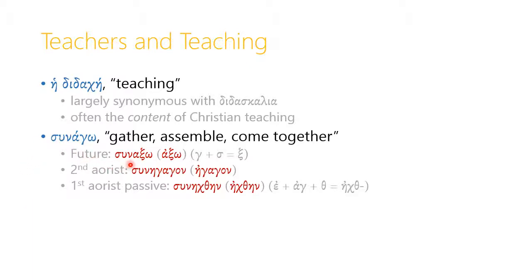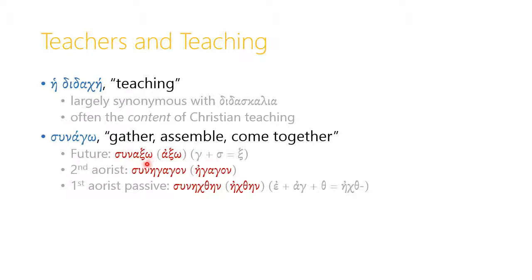The future is fairly predictable, even though there's a consonant change here. We have sunakso, because the gamma at the end of the sunag stem combined with the sigma makes a xi.